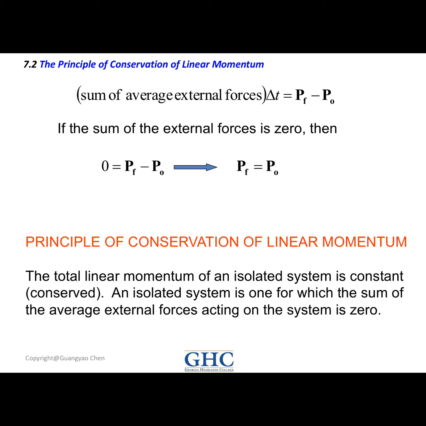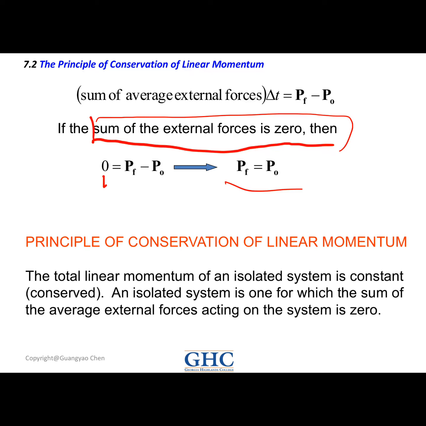Now, what's happening if the sum of external force is 0, or if the impulse of external force is 0? The external impulse is 0, so the change of momentum is 0, so we have final momentum equals initial momentum.